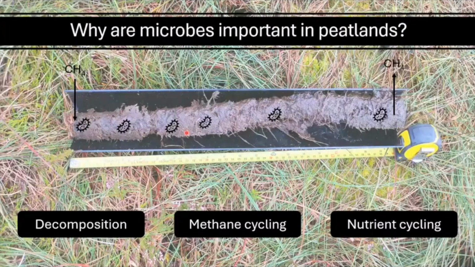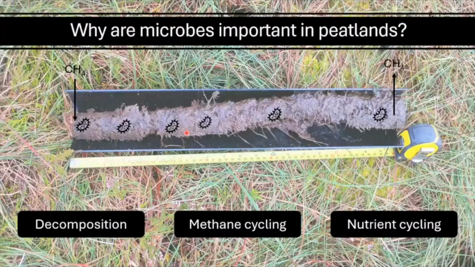And because methane is a really, really potent greenhouse gas, something like 28 times more potent than carbon dioxide, we really need to understand this balance between methane producing and methane consuming microbes. Especially because restoration is known to increase the amount of methane produced compared to a degraded peatland.